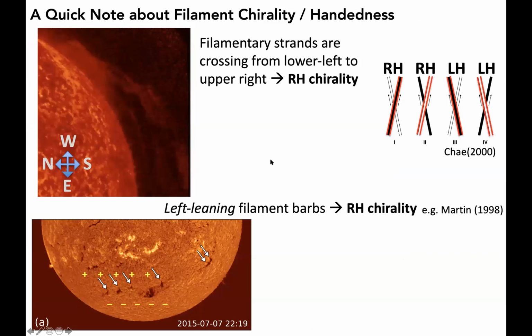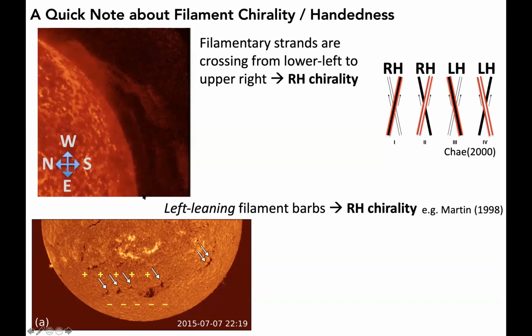So a quick note about chirality, because I know Olga's very interested in this. If you take a look at some of these filamentary materials, the strands basically rotating around each other, you can get a sense of what the chirality is, or what the sign of the helicity is, because of the crossing patterns.